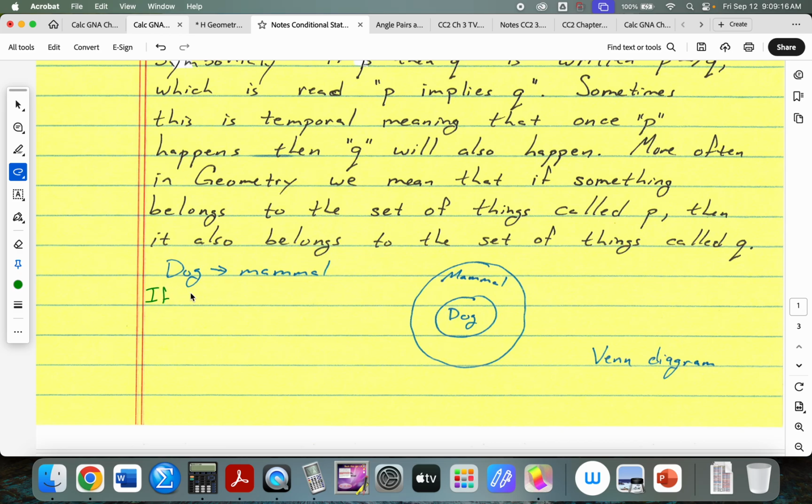As an if-then sentence, that would be if something is a dog, then it is a mammal. I don't like using "it" all the time.